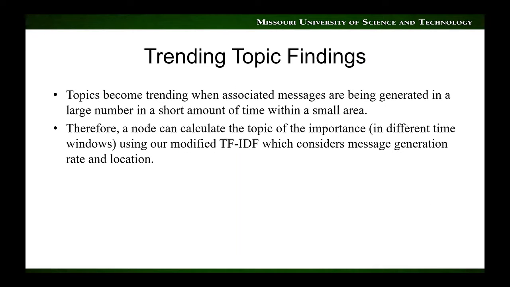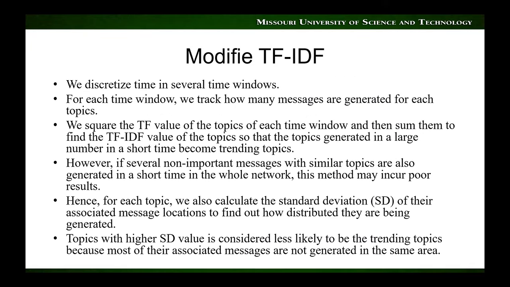So how to find this trending topic? The common concept of trending topic is that they generate in a small area and they generate in a short amount of time. So we can calculate the importance of topics using a modified version of the term frequency inverse document frequency method. So here we describe how we calculate this. First, we discretize the time into several time windows.